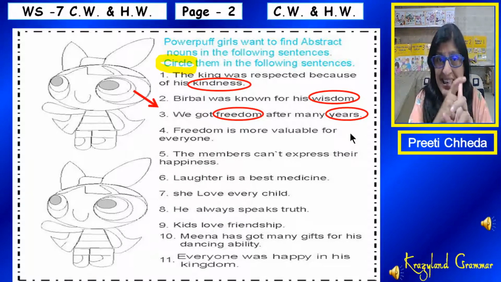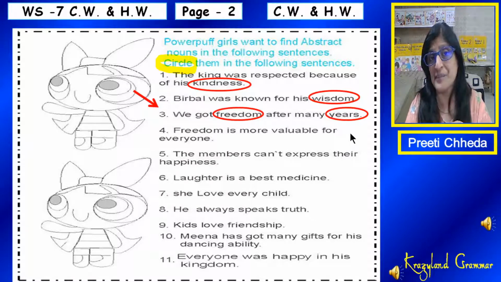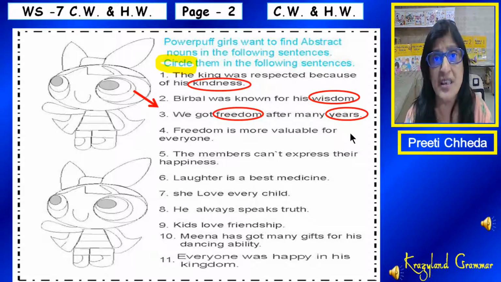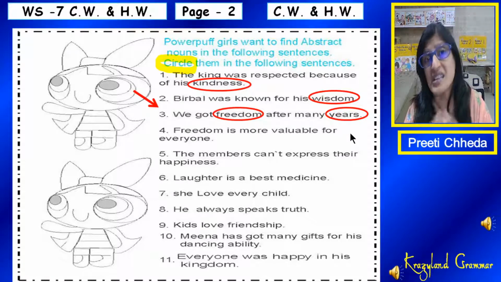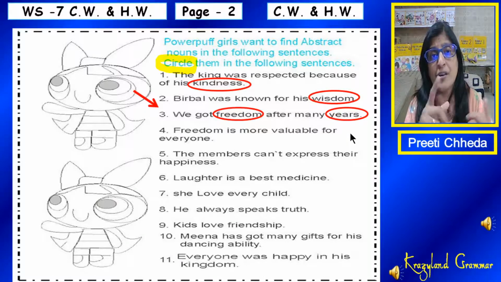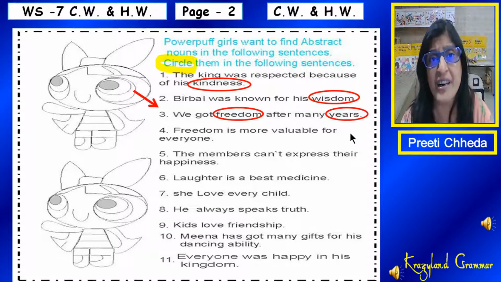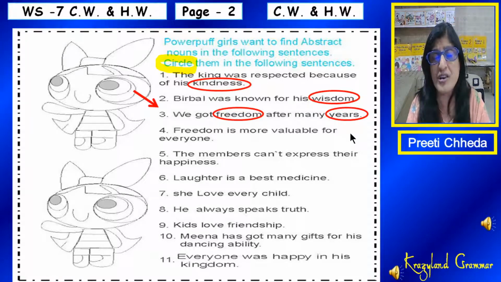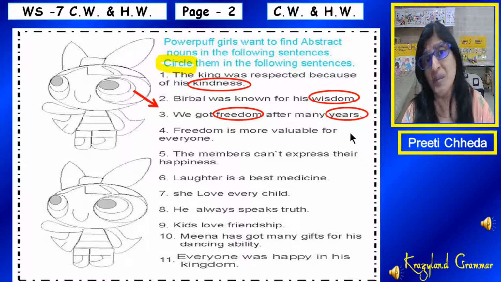You know that events and times are called abstract nouns, and I know many are not clear with it, not even some of the elders, that they know this years, ma'am, is countable, like 1 year, 2 years. Yes, it can be. I said concrete nouns and abstract nouns, both can be countable, both can make the plural.